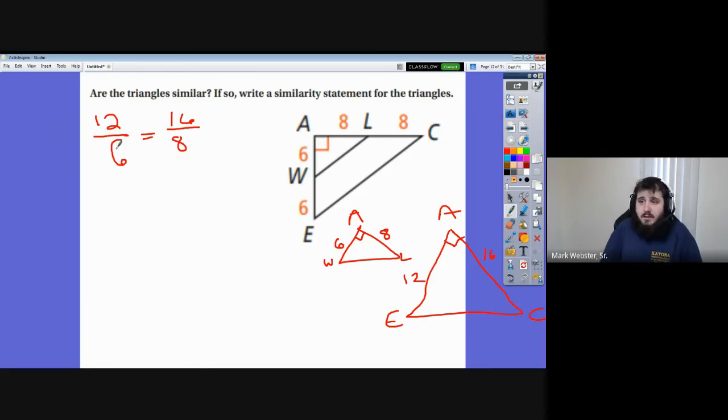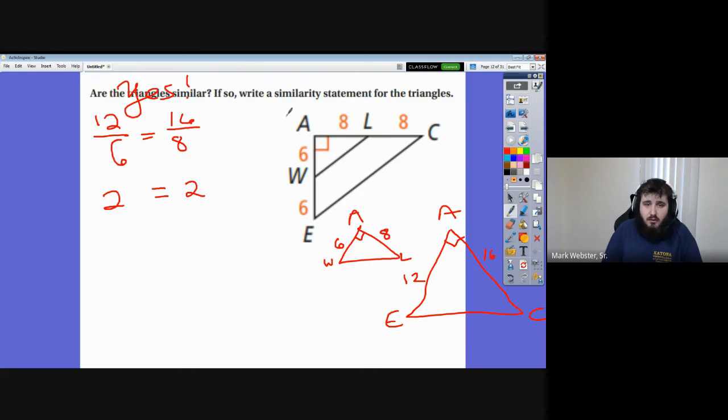right? 12 over 6, you'll get 2. 6 over 12, you would get 1/2. 16 over 8, you get 2. 8 over 16, you would have gotten 1/2. But you'll show that they're the same regardless. As long as you do the consistent work, you'll see that they'll be the same.